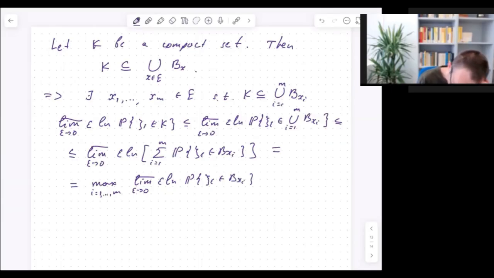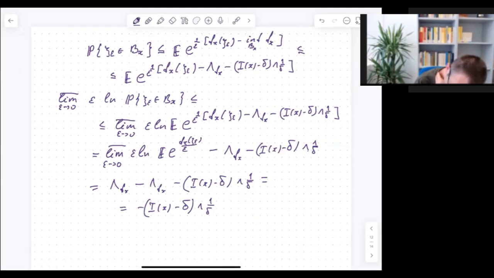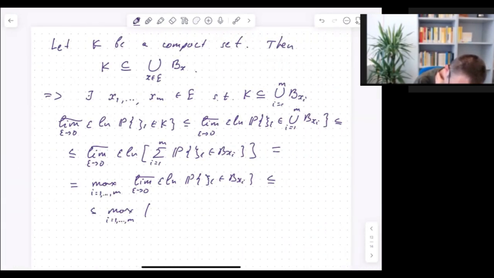And we have obtained already the inequality that the maximum over i from 1 to m is minus I of xi minus delta, minimum 1 over delta.